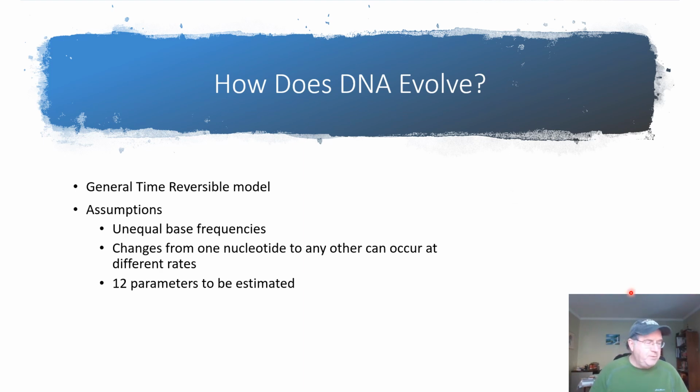Now, the question you should probably be asking is, I forgot to keep count. What did I have? 6 different DNA models. Which one should you choose when you do an analysis?